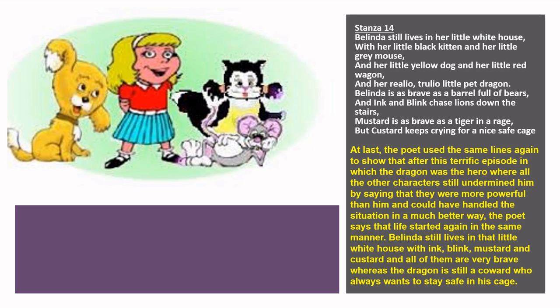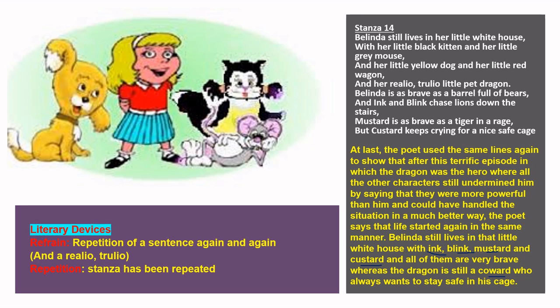Belinda still lives in that little white house with Ink, Blink, Mustard and Custard, and all of them are very brave, whereas the dragon is still a coward who always wants to stay safe in his cage.